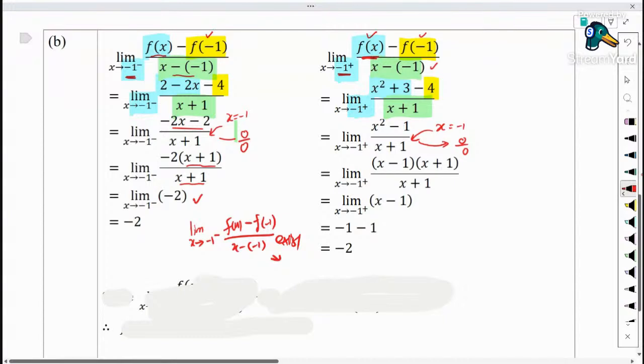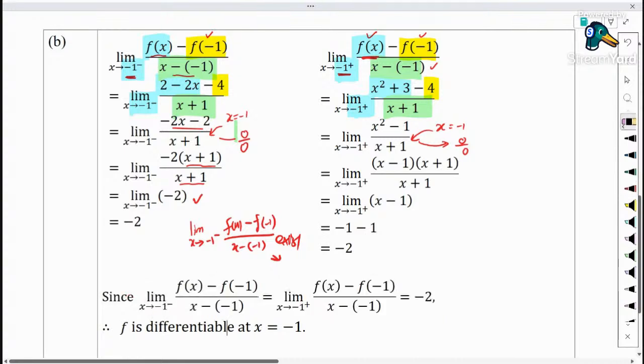The function f is differentiable at the point x equals -1. So the conclusion is that the function is differentiable at x equals -1. The reason is that the two limits from the left and from the right are equal to -2. Then we go for the conclusion. So here, this is the reason.